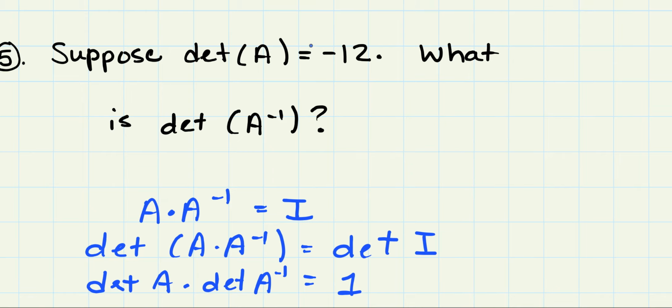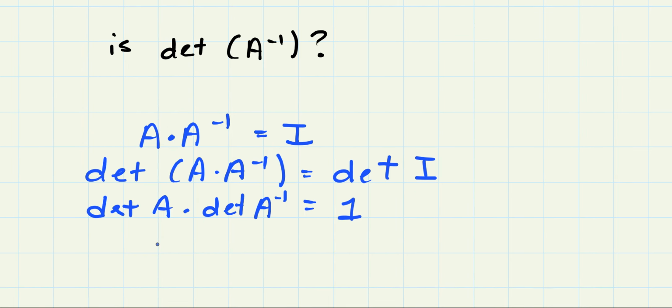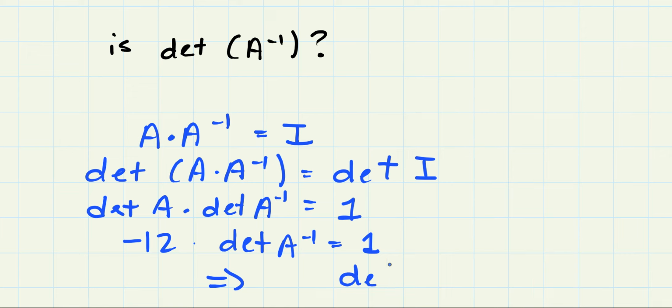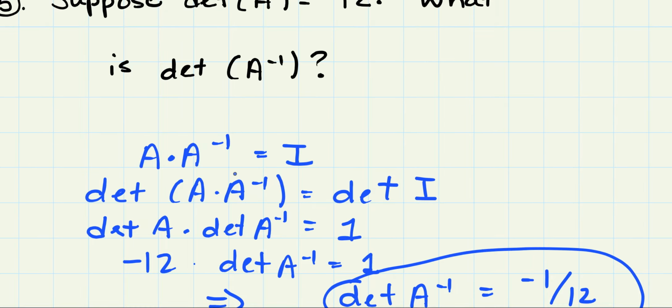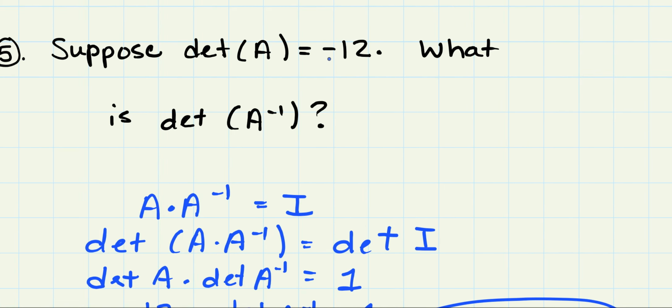We know the determinant of A is negative 12. So from here we can say the determinant of A inverse is negative 1 over 12. The inverse has to be the reciprocal in order for these numbers to multiply together and get 1.